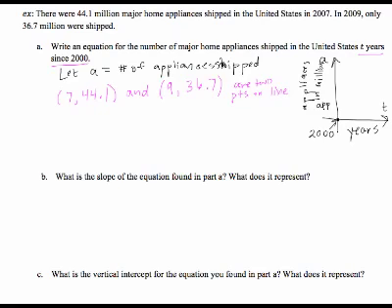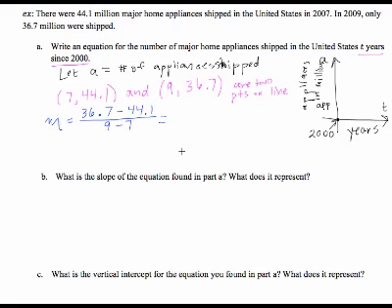Okay, so putting this together, I've got to compute slope, right? So my slope is, let's do this as my second point, 36.7 minus 44.1 over 9 minus 7.